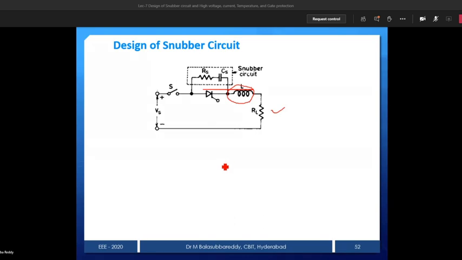So you can see here there is an inductor also connected. When the inductor is connected, it will prevent the di by dt. Why is the di by dt protection required?